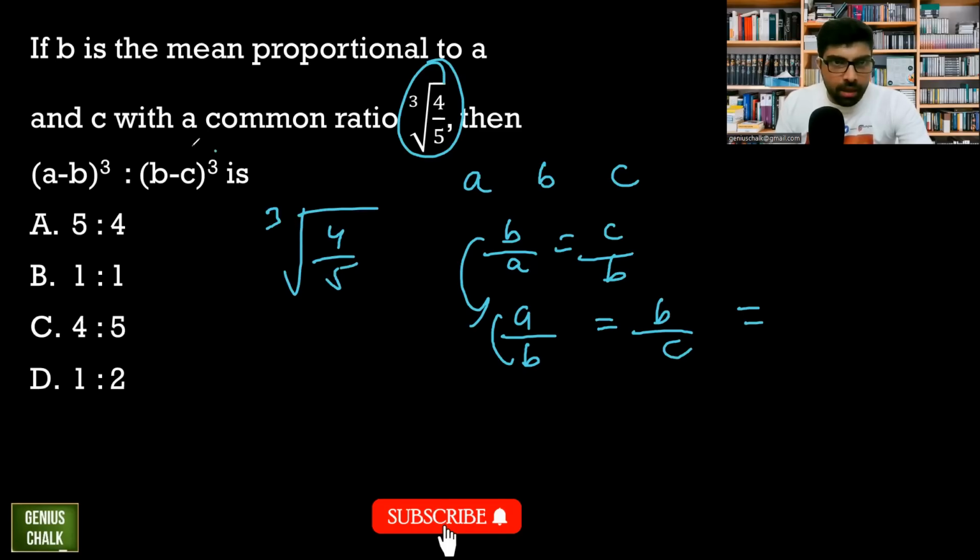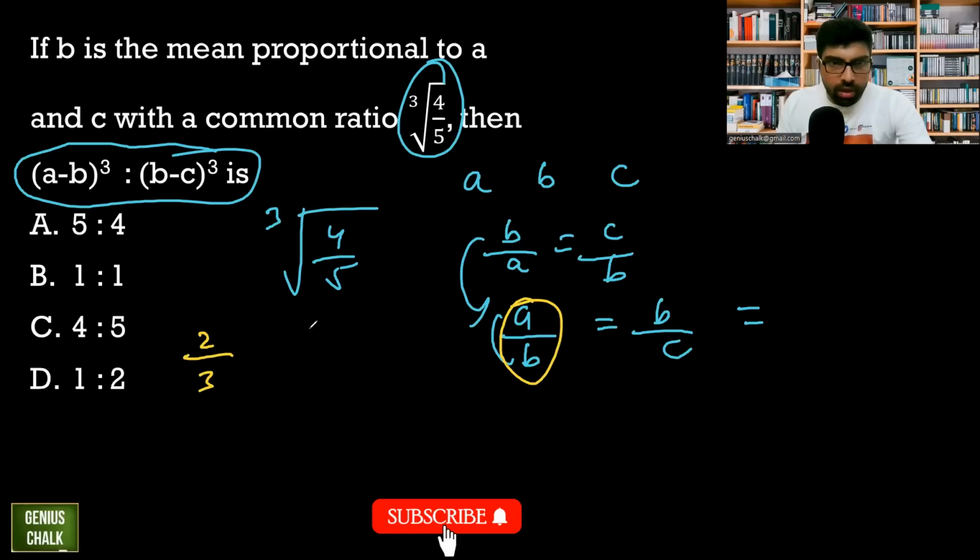Now what is asked? A minus B cube and B minus C cube. So A minus B, that means if A and B is given, if I write like 2 by 3 and then I write 6 by 9, that means if they are equal, you can see they are equal. If I do like 2 minus 6, I'm just adding this and subtracting this, 3 minus 9.